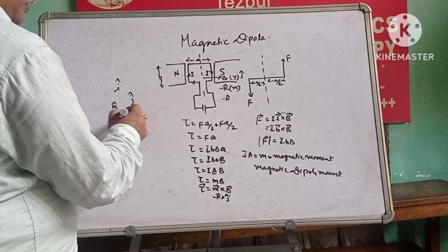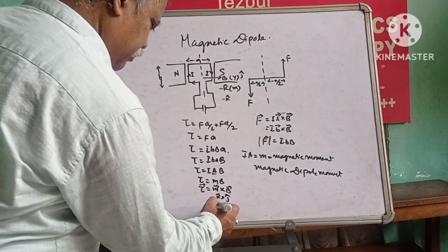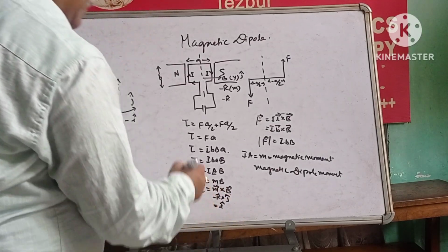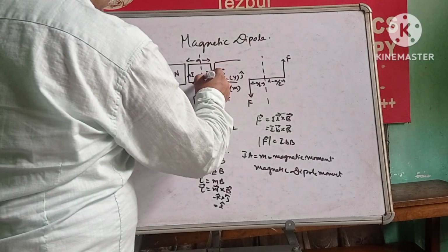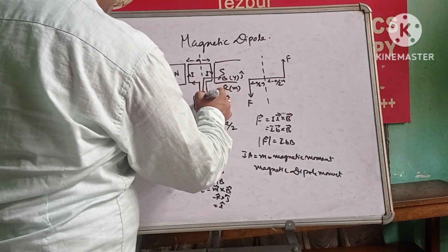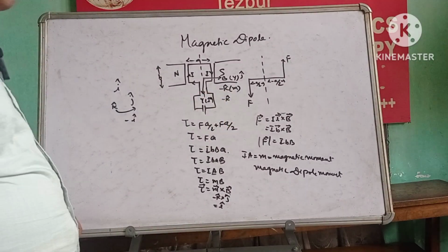So k cross j is minus i cap, so minus into minus will be i cap, that is along the x-axis. So your torque will be along the x-axis, in the direction of i cap.